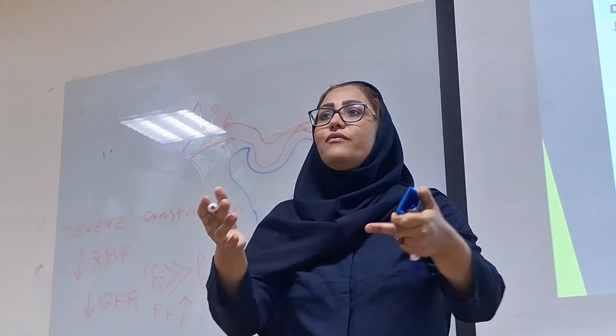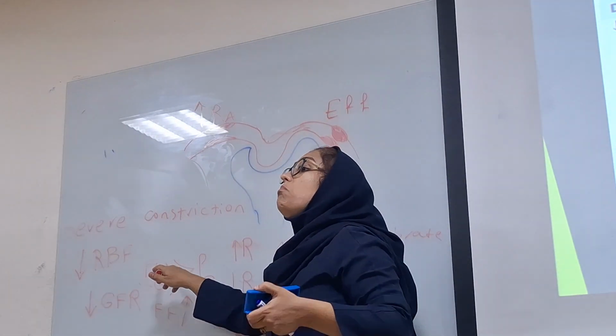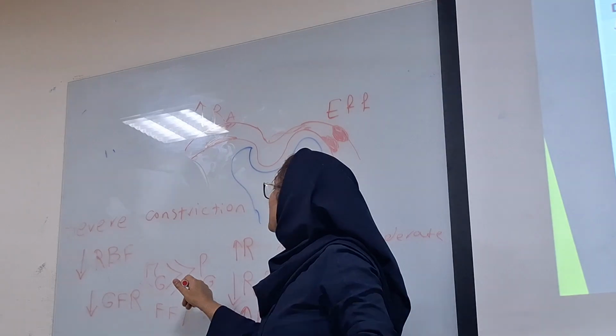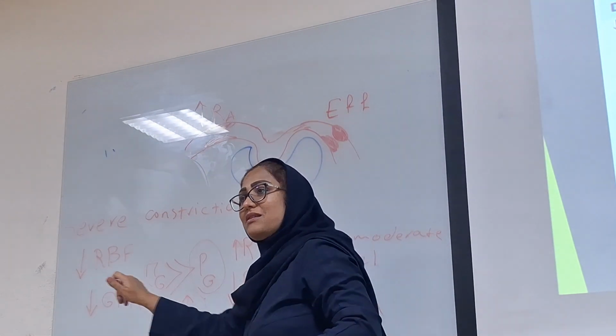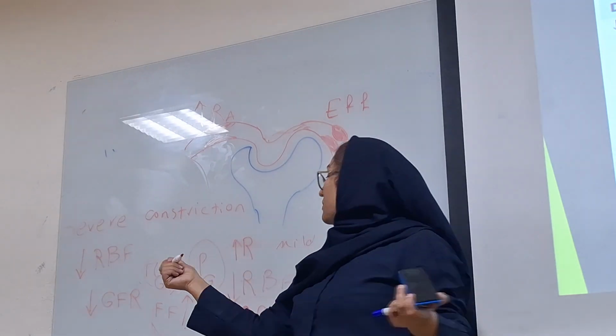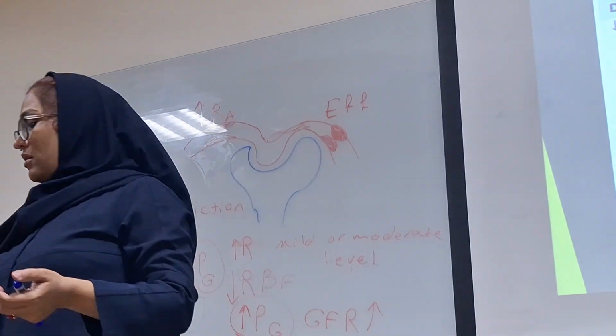Got it? For this reason, the increase in pi G is much more than the increase in PG. Filtration fraction increases and GFR decreases because pi G is an opposing pressure. No question?